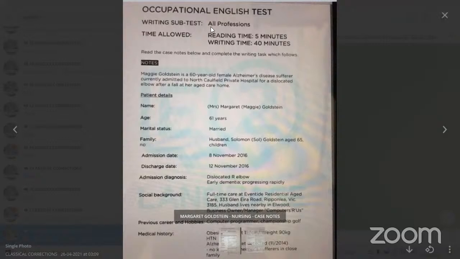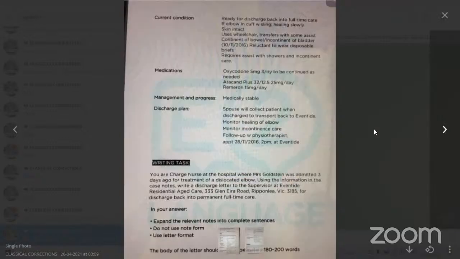So writing surfaced all professions. You're a charge nurse, so you're writing the discharge letter to the supervisor, event type, residential aged care, 333 Glen Era Road, Riponia.